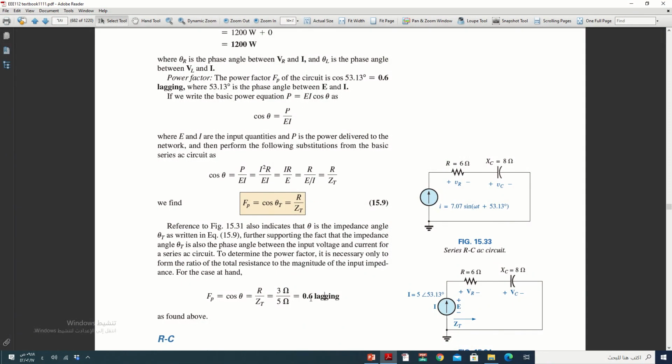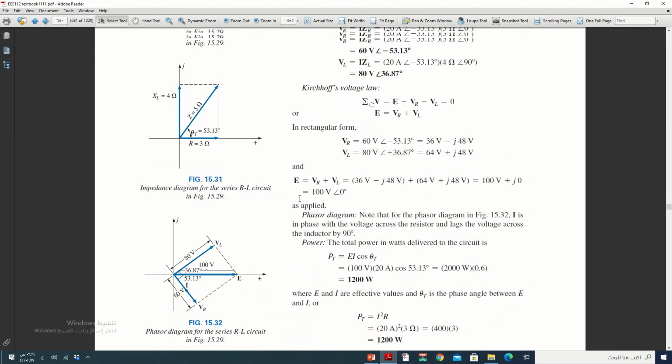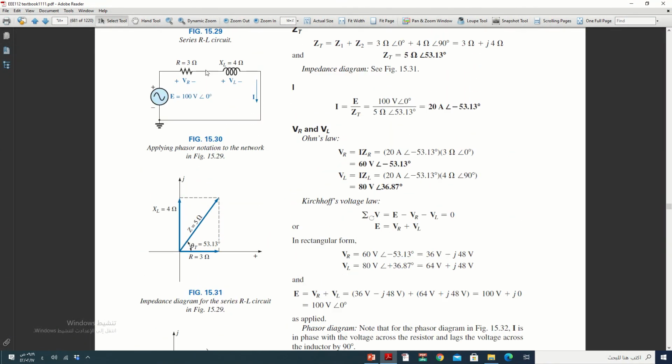If the total current lags the total voltage, we will say the power factor 0.6 lagging. Okay, since here it is a circuit with resistor and inductor, we know that the inductor will affect the circuit. This means the current will be lagging the voltage.